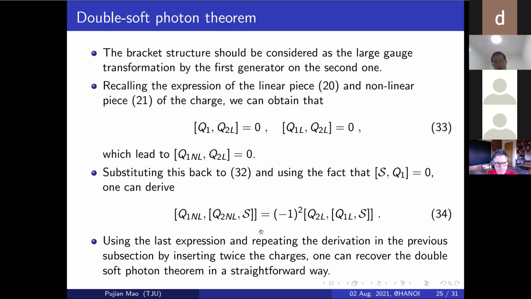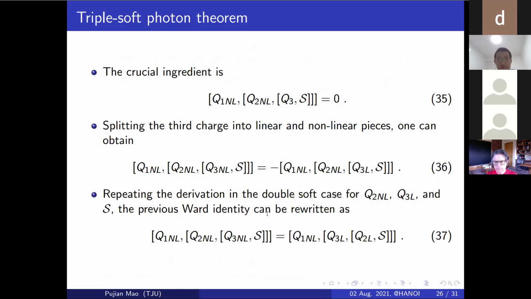And clearly, repeat the procedure for the connection between the single soft photon theorem and asymptotic symmetry twice. You can recover the double soft photon theorem from this expression. Okay, next, step 3. There will be more computation, but I think it's just tedious.